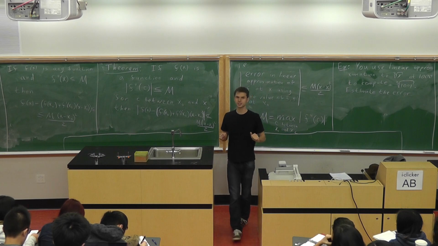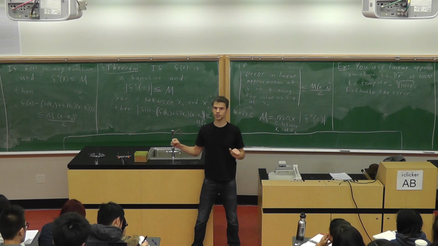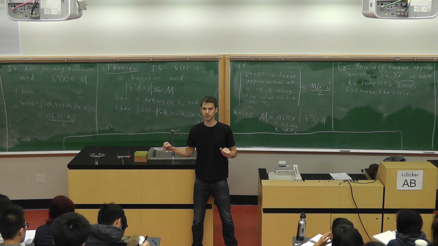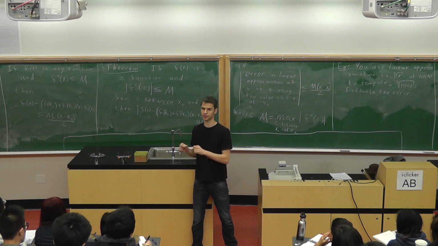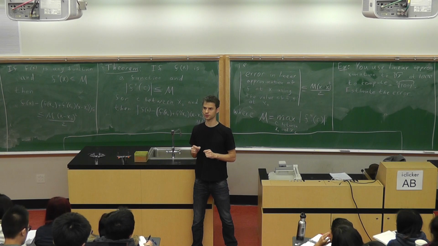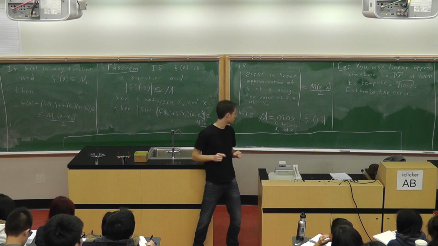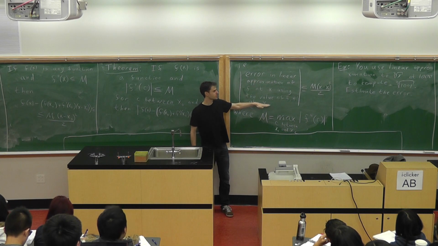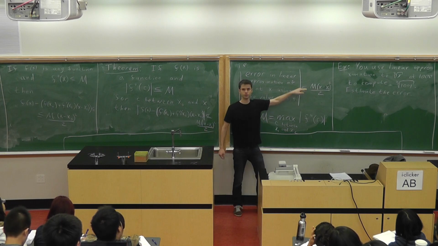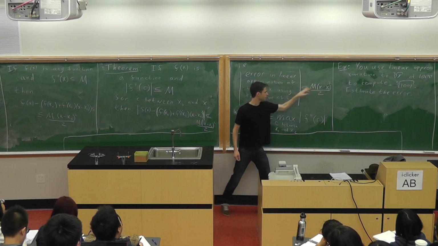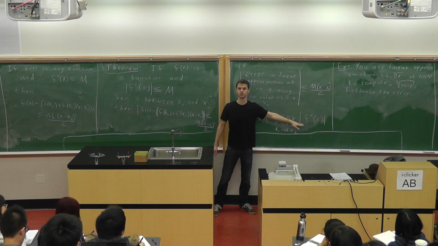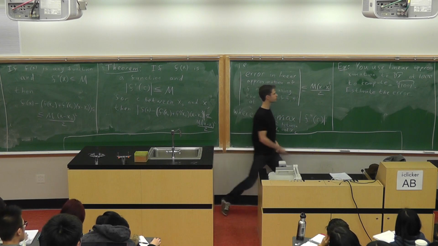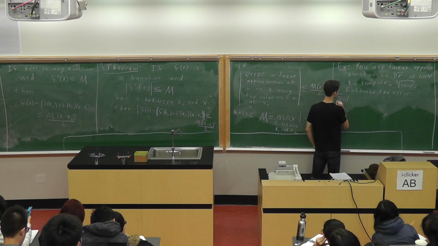Now the question is, suppose you get the answer from linear approximation, and suppose you also get your answer from a calculator. How large will be the difference? Right here, the difference will be bounded in absolute value by such an expression, where M is the largest value of the second derivative. So we should start by finding the second derivative.